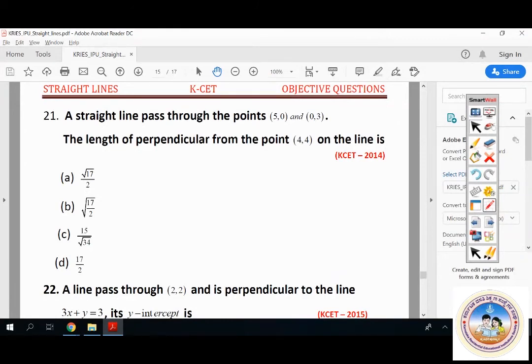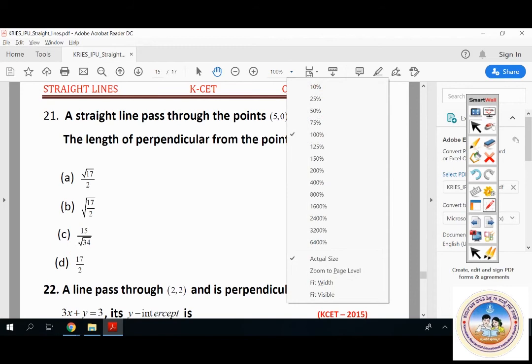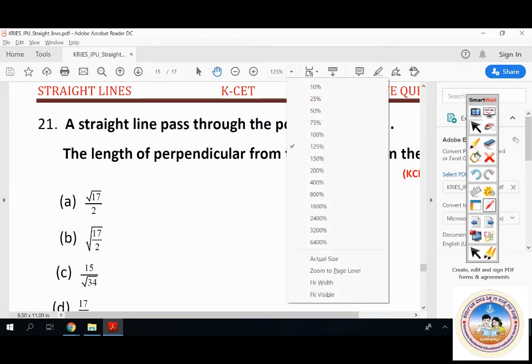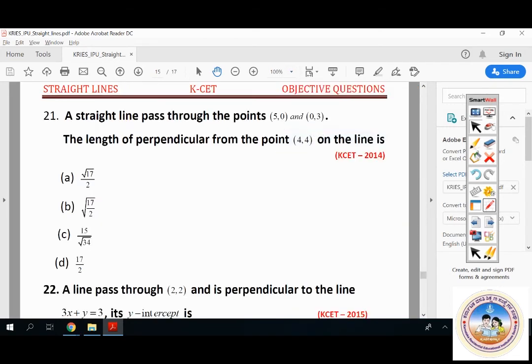Look at what question 21 says. The straight line passes through the points 5, 0 and 0, 3. The straight line is passing through 2 points 5, 0 and 0, 3. The length of perpendicular from the point 4, 4. So you should find out the length of the perpendicular from the point 4, 4 on the line.